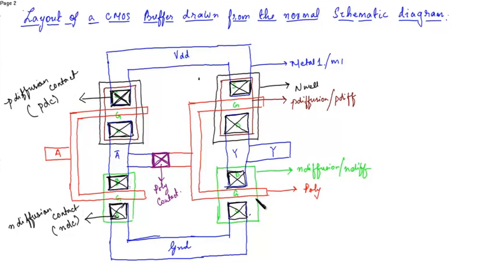After placing the diffusion contacts, you have to place the substrate contacts. The substrate contacts are placed in the VDD layer and the ground layer.